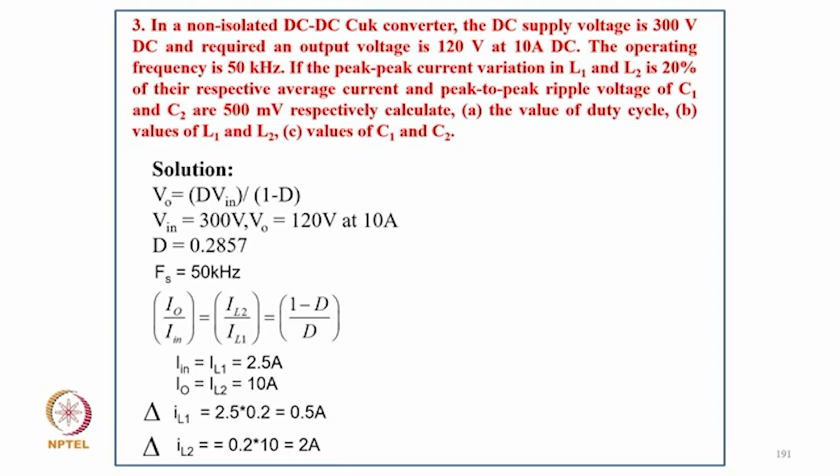So here the solution is V equal to D Vin upon (1 minus D). Vin is given as 300 volt, and V is the given output 120 volt at 10 ampere. So D comes to 0.2857 for a frequency of 50 kHz. So we have IO equal to IL2 upon IL1 equal to (1 minus D) upon D, and typically I put delta IL1 as 0.5 and delta IL2 as 2 ampere.